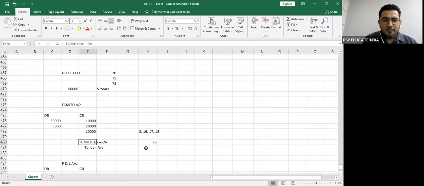Now say for example, after the second year, after one more year has passed by, now the rate becomes 73. Again I credited 20,000 to FCMI TD account. Now the loan is recorded at which rate? 73. Now if you will have to pay, what is the rate at which you will pay? 73.